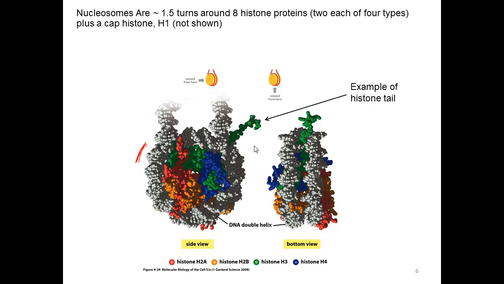Each of the 8 protein subunits has this tail region, which can wrap around and bind the DNA very tightly. It does so by possessing a lot of positive charges, a lot of lysines and arginines on the tail, that will interact with the negatively charged DNA very strongly. The other tails of the histone proteins, the other 7, are not shown in this diagram.